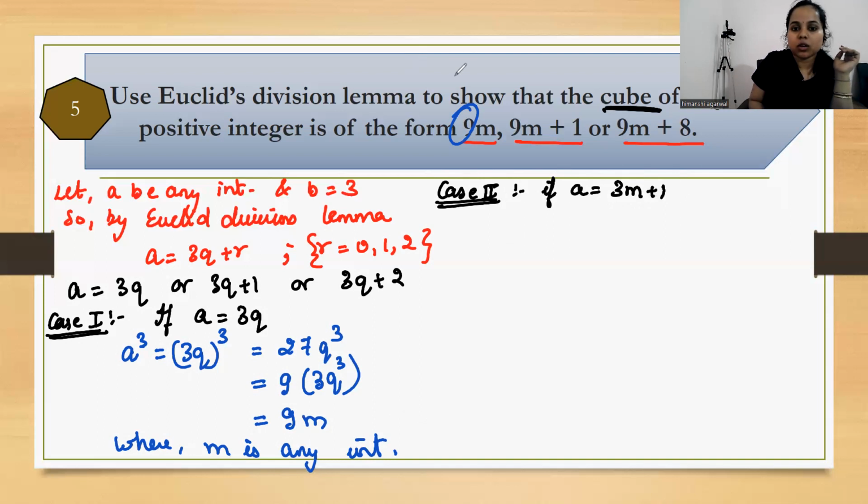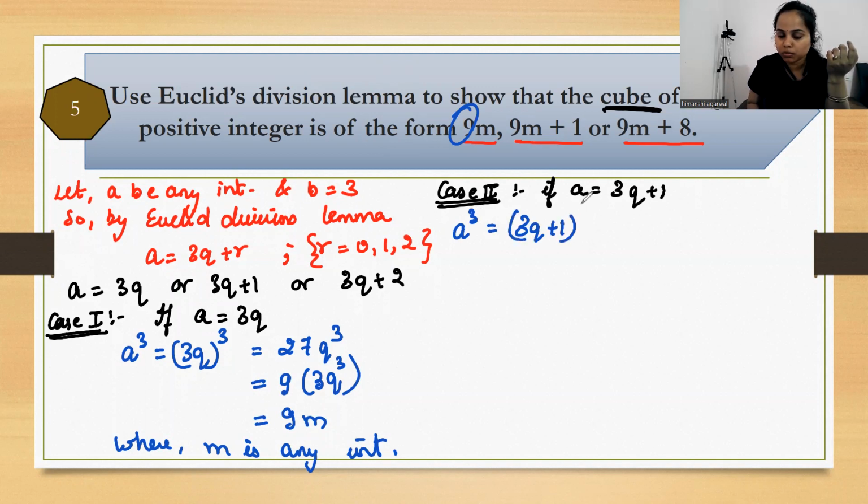So 3q plus 1 अगर होगा तो क्या करना है हमें? m तो हमें कंसिडर करना है ना, सब m को कंसिडर नहीं कर सकते अभी, क्योंकि m हम बाद में लिखेंगे. ठीक है. So now what is the cube of this? a cube will be equals to 3q plus 1 का whole cube.